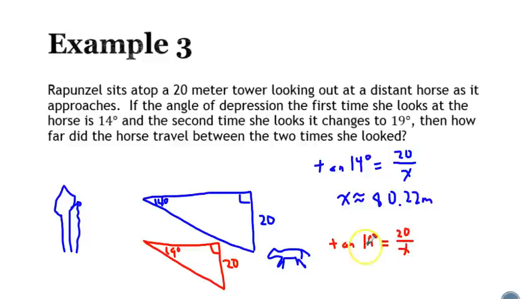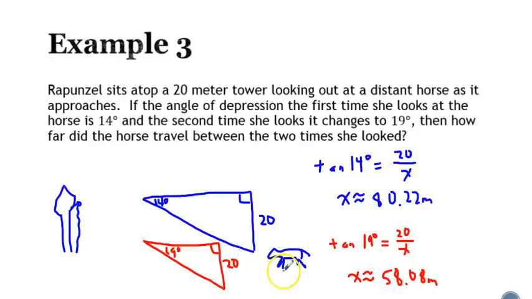So again, x is going to end up equaling 20 divided by tangent of 19. And I'm getting a length of approximately 58.08 meters.